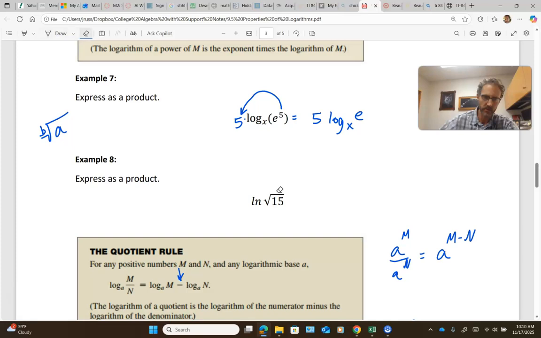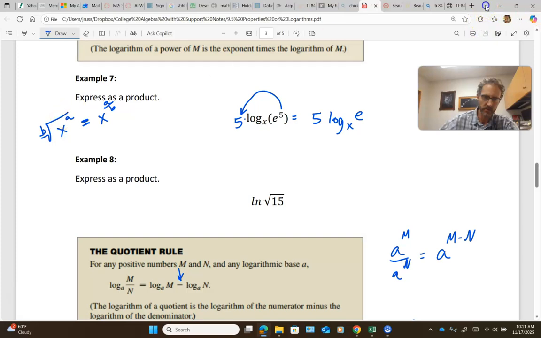If you have the bth root of x to the a power, in other words, if you have a radical, you can express that radical expression as an exponential expression, and this becomes x to the power of a over b.